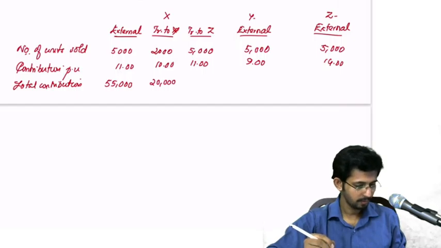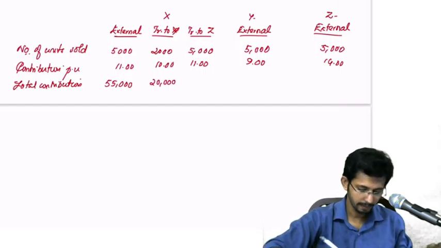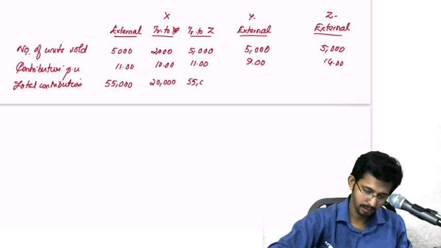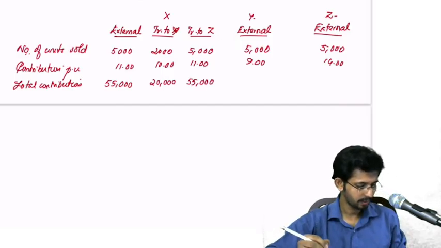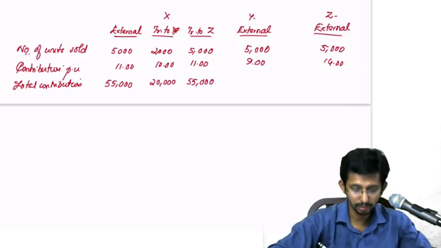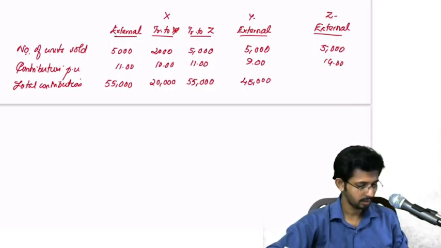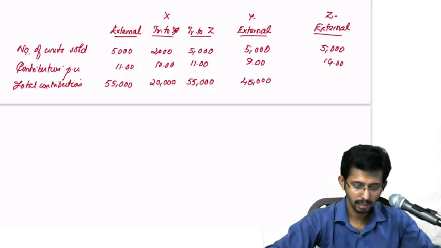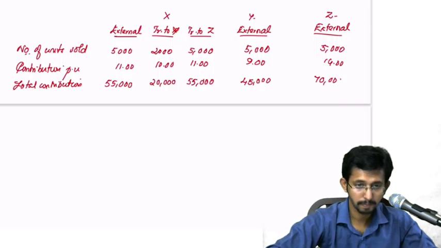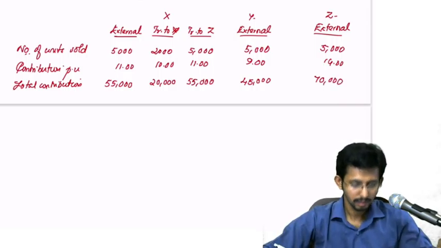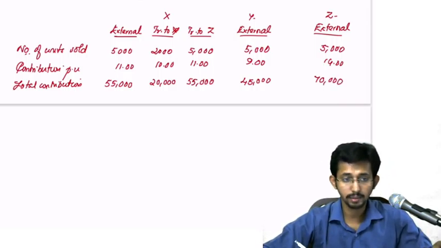Then 5,000 into 11 will be 55,000, and 5,000 into 9 will be 45,000, and 5,000 into 14 will be 70,000. Okay, that is the total calculations.